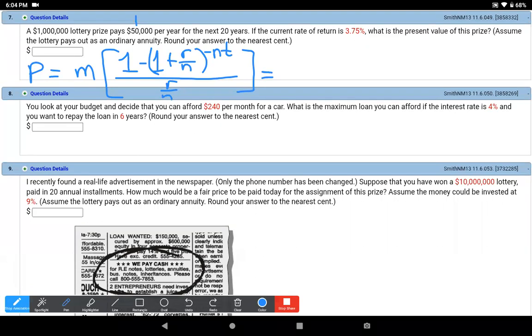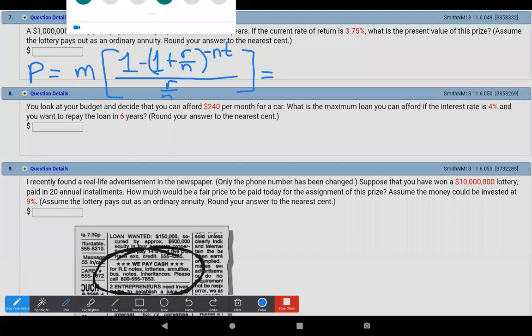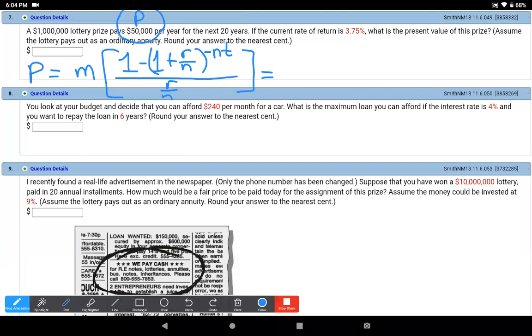So they want to know how much a regular payment of $50,000 per year. So N equals 1, right? I'll go back and do T. T equals 20. NT, the exponent, will be 20, right?